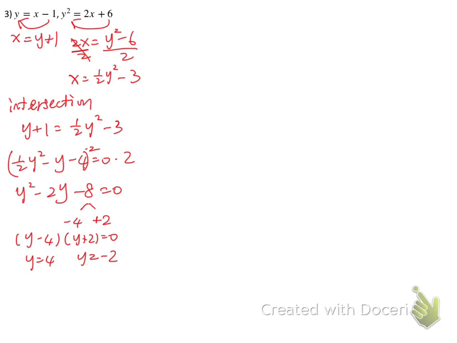When y equals 4, x is y plus 1, 5. When y equals negative 2, x is y plus 1, which will be negative 1. So those are the 2 points we are having: negative 1, negative 2, and 5, 4.